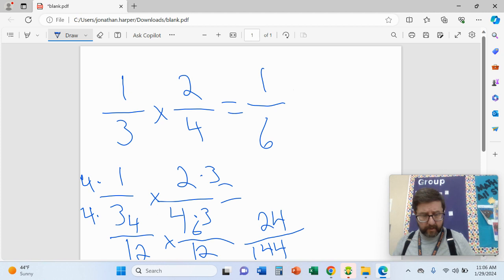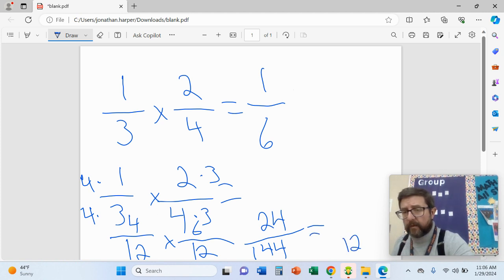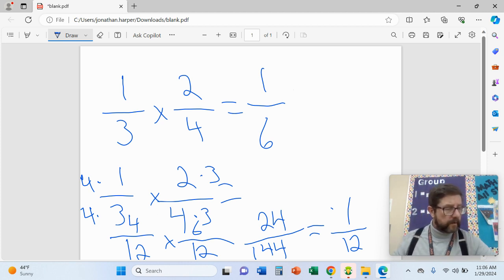So if we take 144 divided by 12 equals 12. So we have 12, here's our bottom number. And if we take 24 divided by 24, we get 1. So our answer, wait a minute, that didn't work.